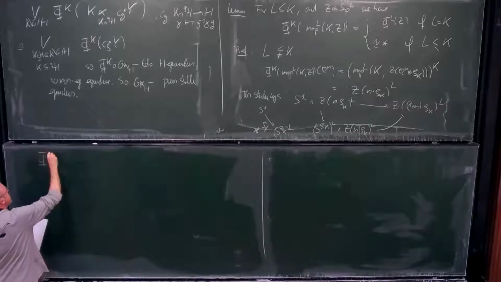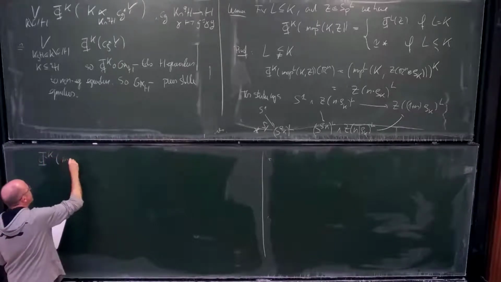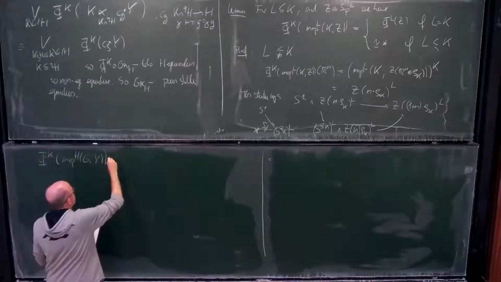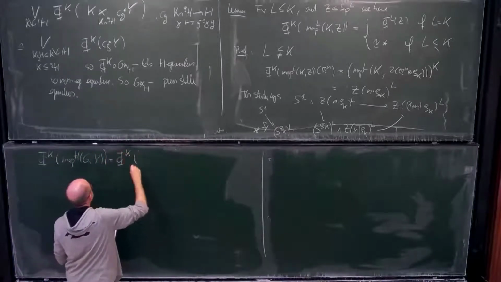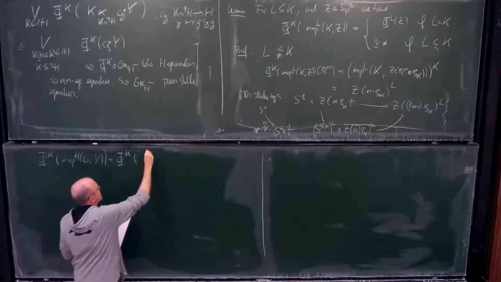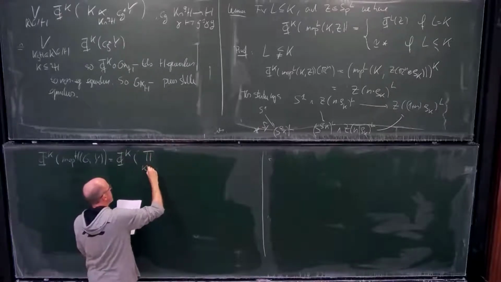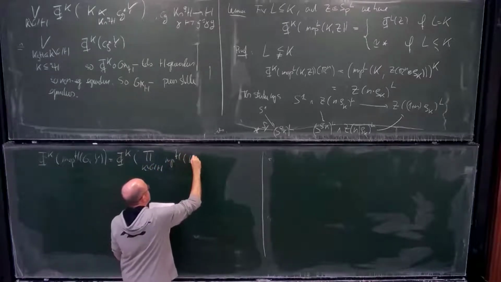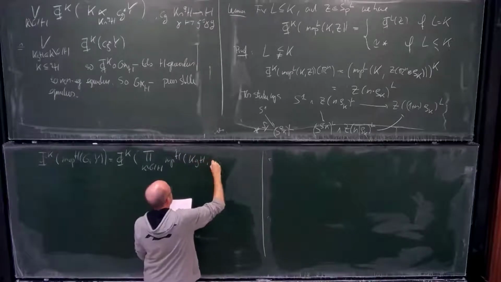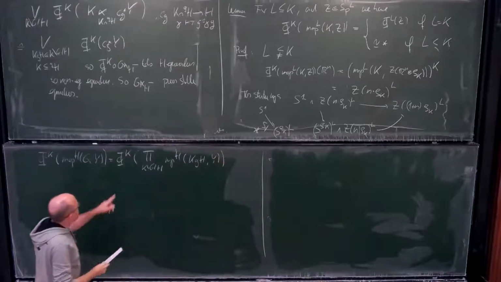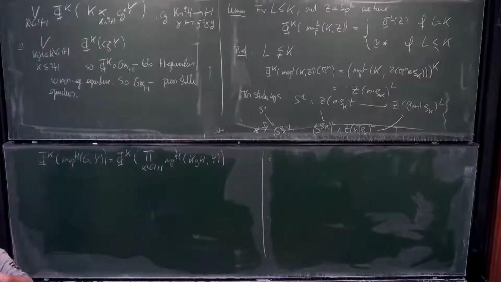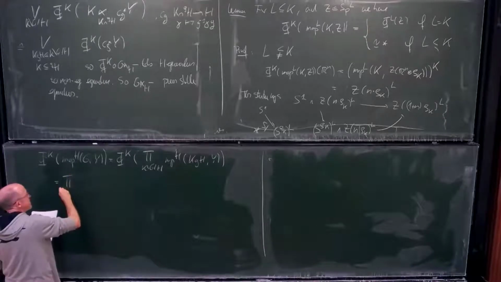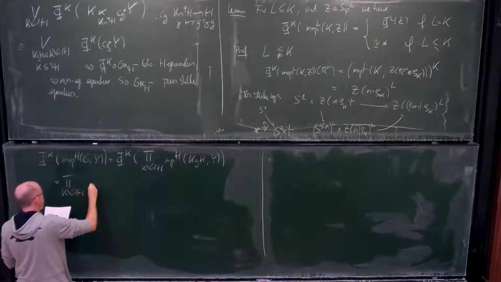H is the one we are co-inducing from, and K is another one, and we take K fixed points of the co-induced spectrum. The first thing is again that we use the tautological decomposition of G into double cosets. So this is the product tautologically over all double cosets, and then I take H-equivariant maps from this one double coset into Y. Geometric fixed points are fixed points pointwise. They commute with products also, so I can pull the product outside. So that's the product over all double cosets of Phi^K.